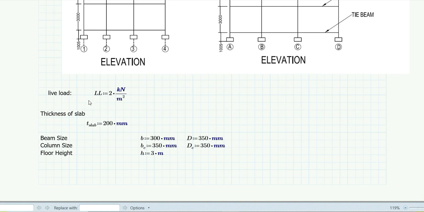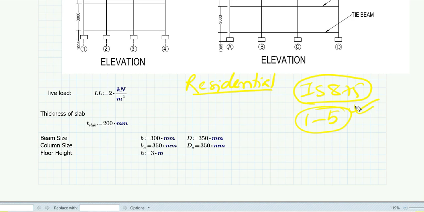First of all, you need to find out what the live load is. As in the question, the load is not given to you, in that case, as the building is said to be a residential building, as per IS 875, which has 5 parts, you can find out how to calculate the load.